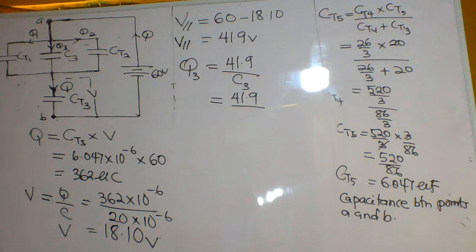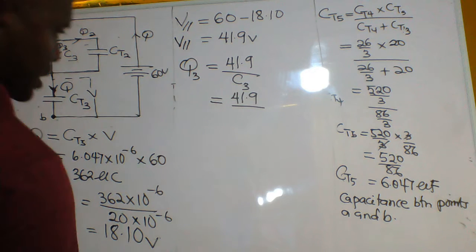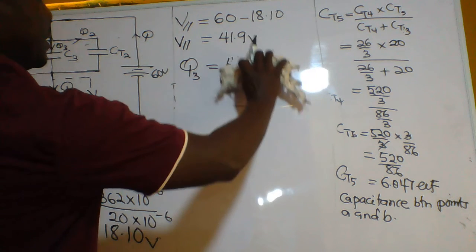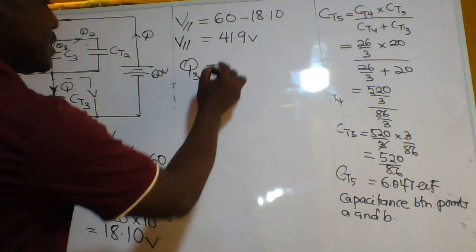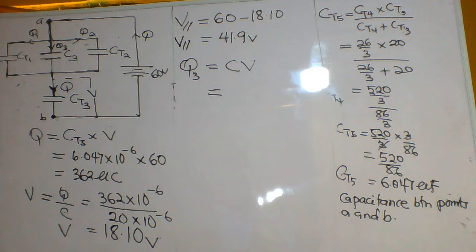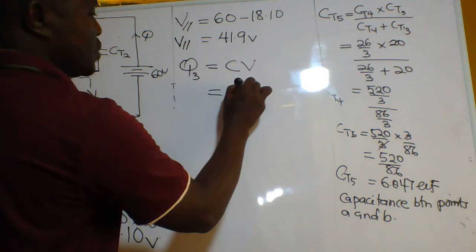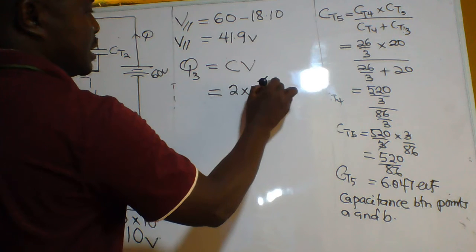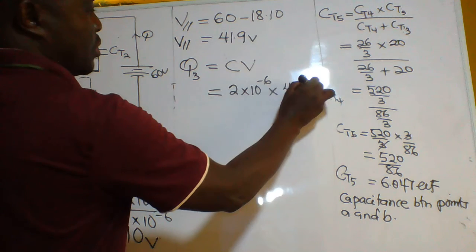Sorry, the charge will not be divided by. It's C times V. The value of C3 is 2 microfarad. So 2 times 10 to the power minus 6 times 41.9.